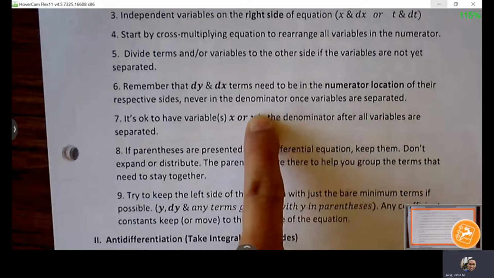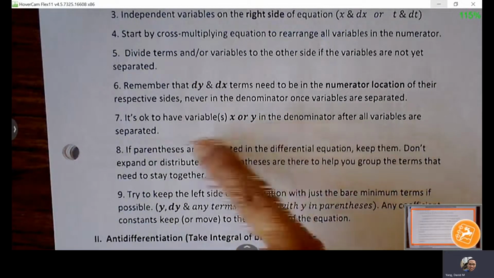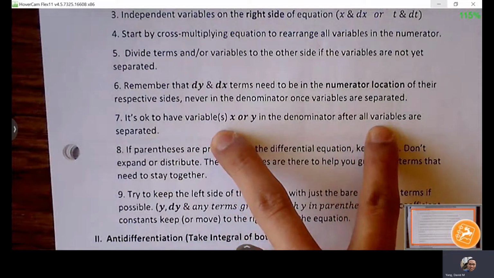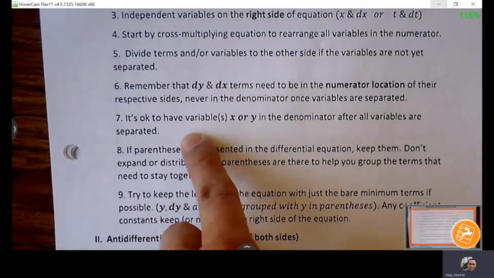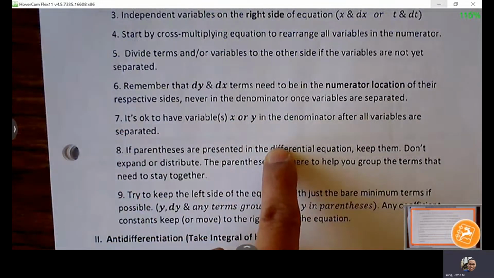It's okay to have variables x or y in the denominator after the variables are separated. Part of what I see in the past is sometimes students see the variable in the denominator and they're not comfortable with it, so they end up moving it to the numerator, and it ends up being the wrong starting spot for the antiderivative.